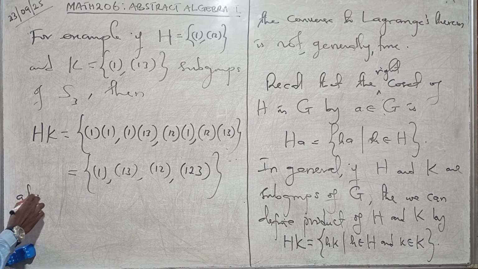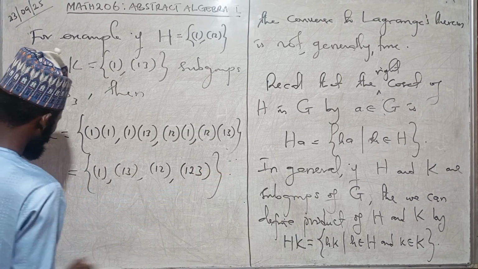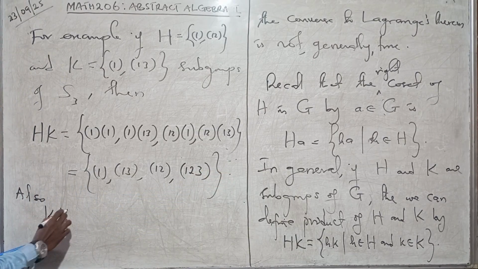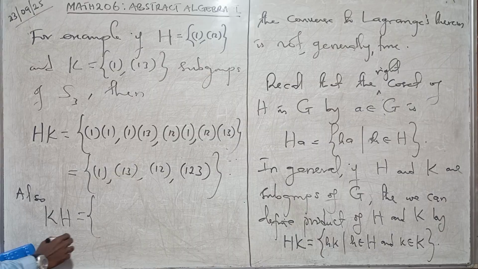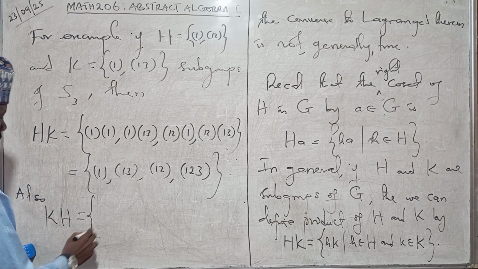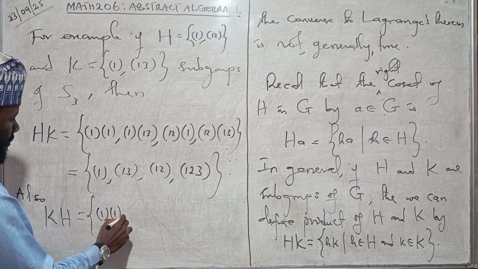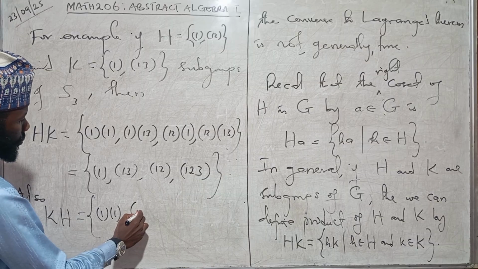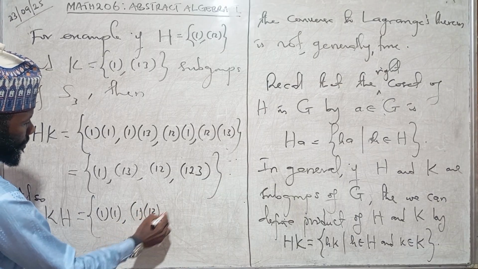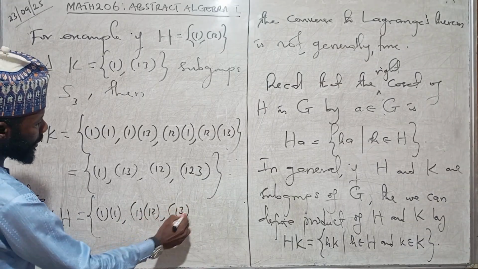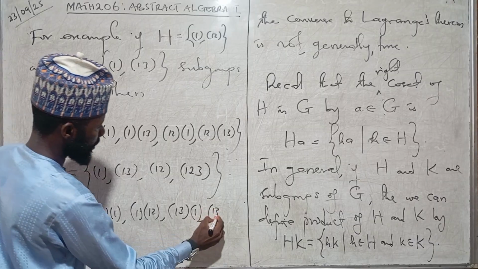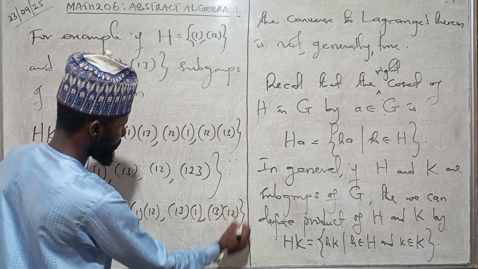And also KH. If you do KH, you still get 1, (1 2), (1 3), and (1 3)(1 2).